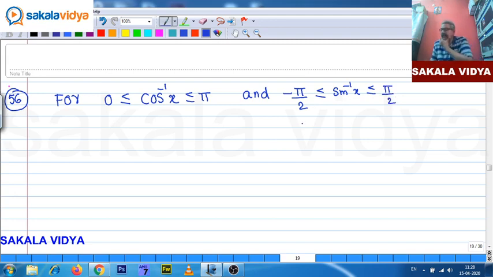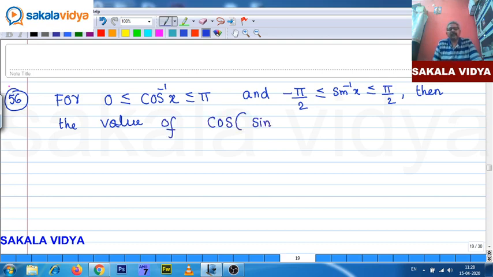That means ranges are given. Then the value of cos of sine inverse x plus 2 cos inverse x at x is equal to 1 by 5.